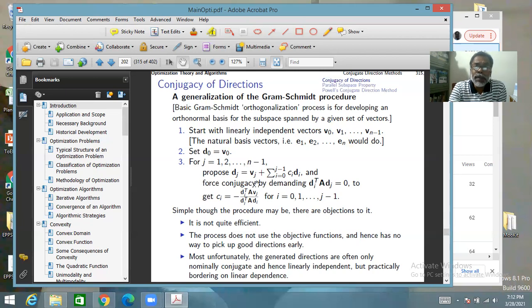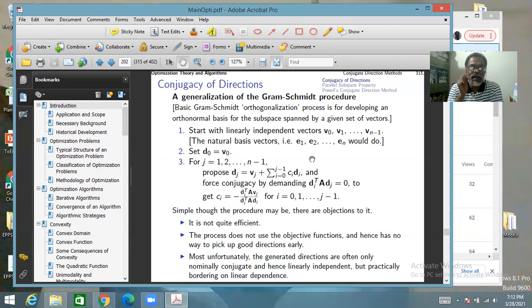Besides, here we are thinking as if we collect all the directions first in hand before embarking on minimizing through line search along each of them. But that means the directions are generated without any recourse to the objective function. Okay, so they may not be very good directions for that objective function, and they may appear in haphazard order.